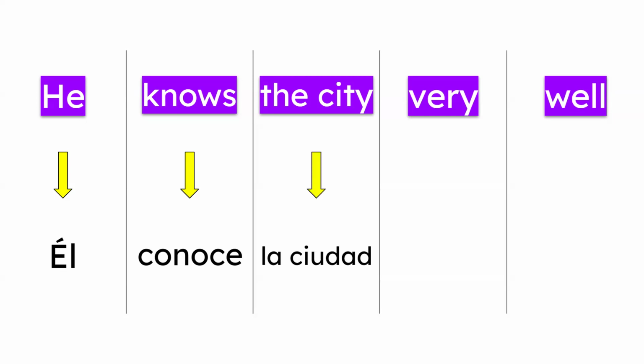Él conoce la ciudad muy bien. Yeah, he's been living here for a long time, so he knows the city very well. Él conoce la ciudad muy bien. Okay, it's your turn to say it. Nice. Muy bien, muy bien.